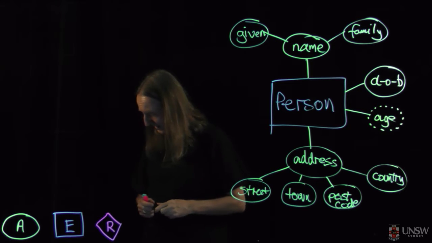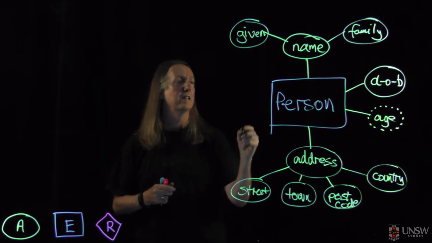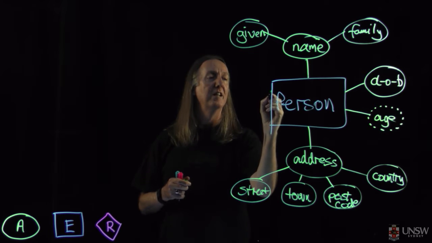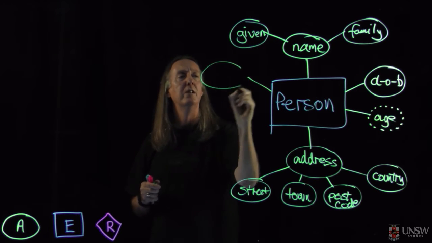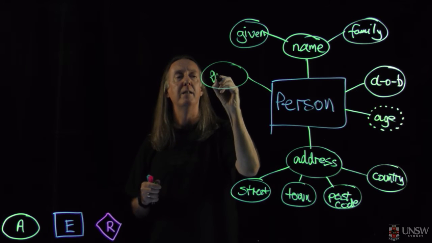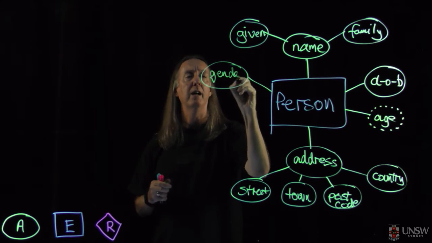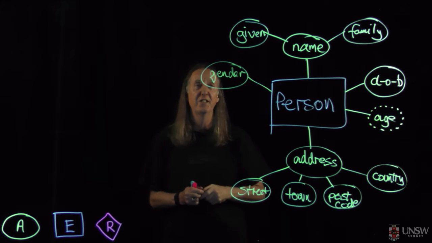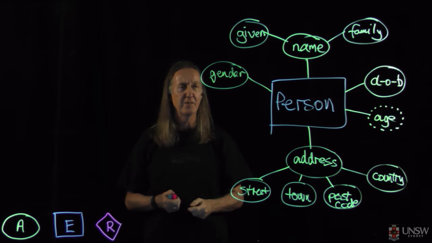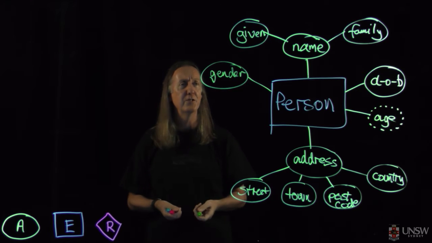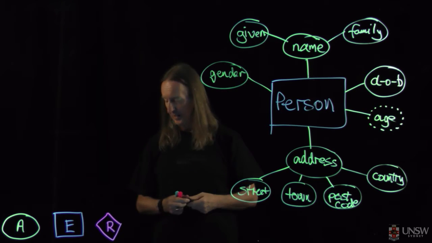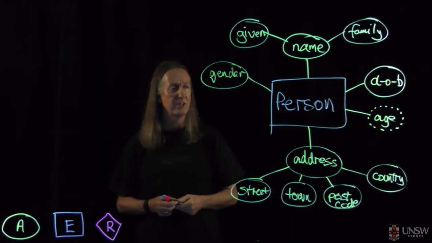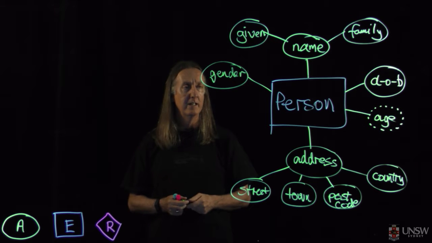Okay, other things that we had in our setup. Here's a much simpler scenario. We have perhaps the gender. Okay, so that's a straightforward single attribute. Nowadays it may not be so straightforward what values you're going to put in it, but from a database design perspective, that's reasonably simple.